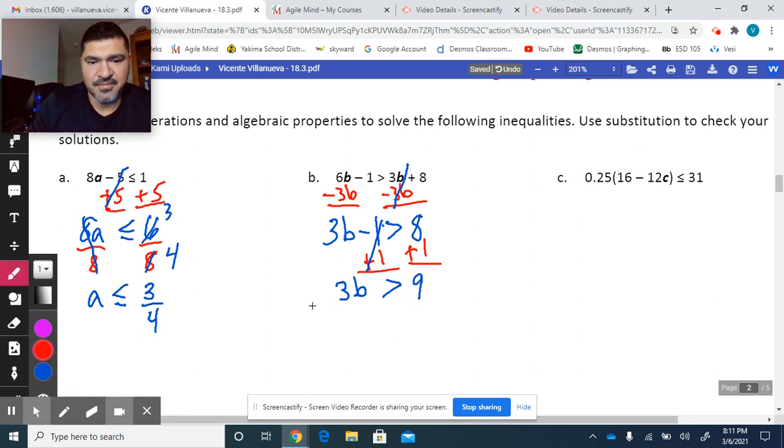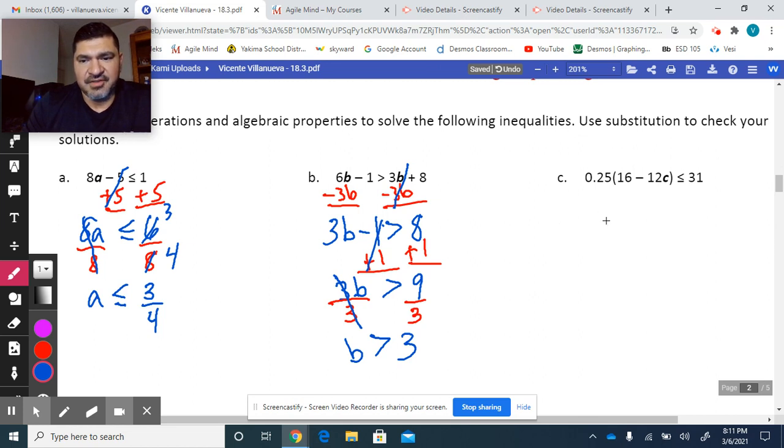Okay, one more step here to get b by itself. I have multiply by 3, so I need to divide by 3. 3 divided by 3 is 1. 1 times b is b. Is greater than 9 divided by 3 is 3.